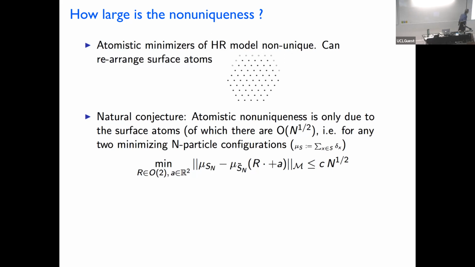The atomistic non-uniqueness should be due only to the surface atoms, of which in two dimensions there are order n to the 1/2. In d dimensions, it's order n to the (d-1)/d.